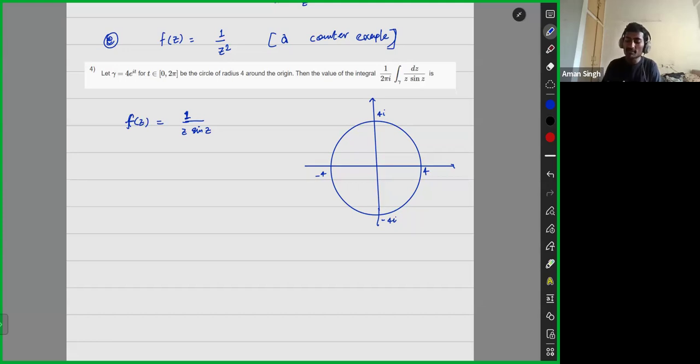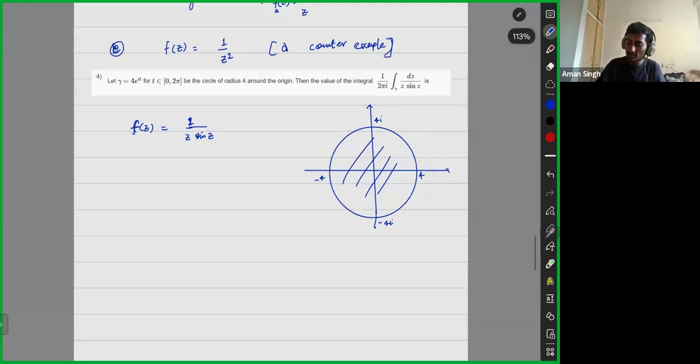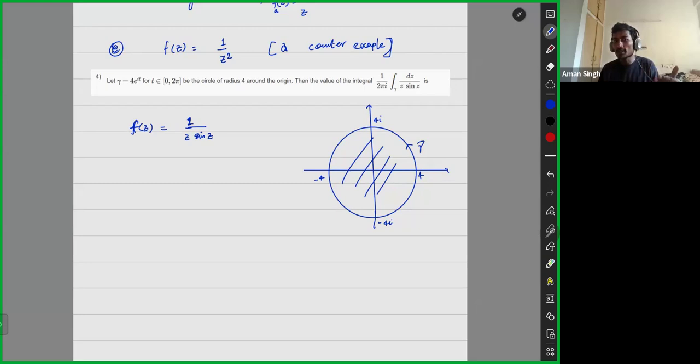So how many multiples of pi are inside this disk, inside this circle? This is your gamma. How many multiples of pi are there? 1 pi, 2 pi. What is 2 pi? Pi is bigger than 3, and if you multiply by 2, it becomes bigger than 6, so that is not inside.